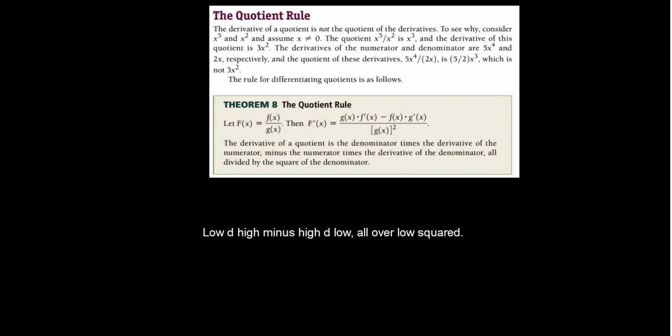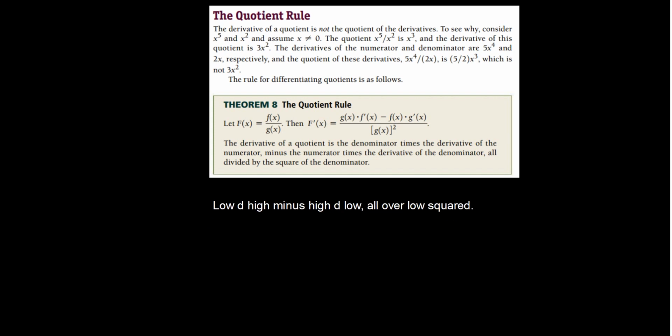Okay. Now, let's examine this real quick, in case you are like, what the heck. So here we go. Low d high. We're looking at a quotient: there's a function on the top and a function on the bottom. Low d high means low times the derivative of the high, and that's what we have here.